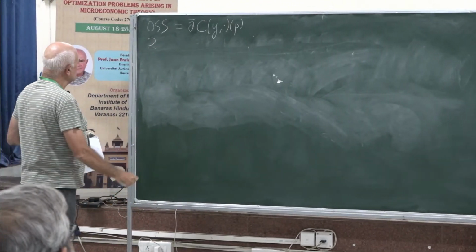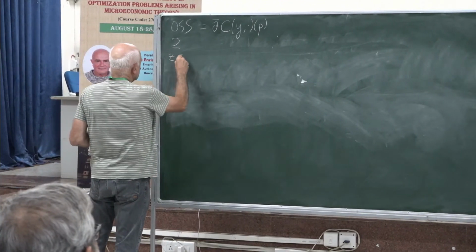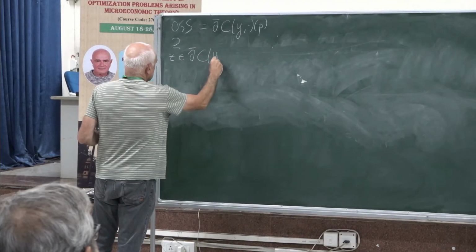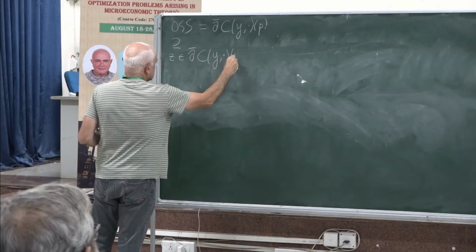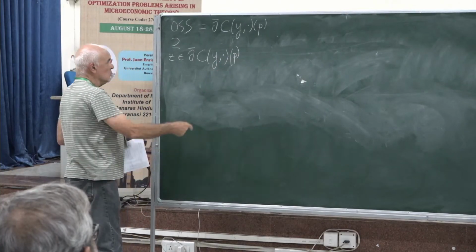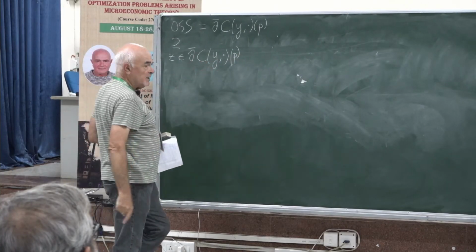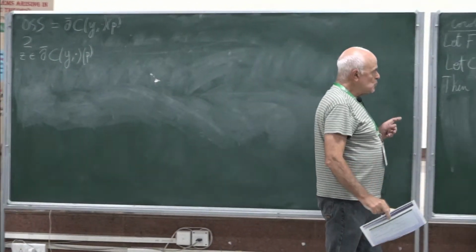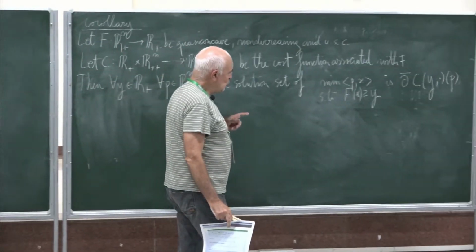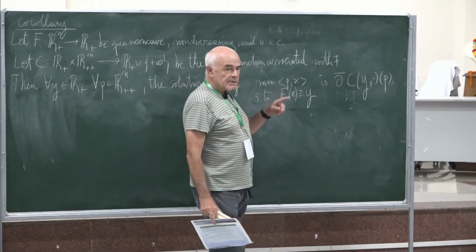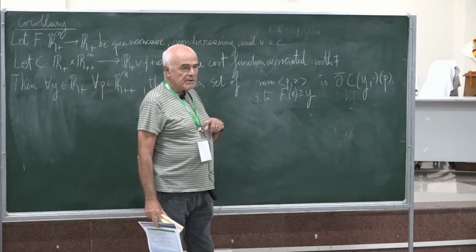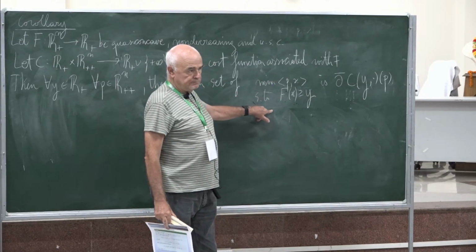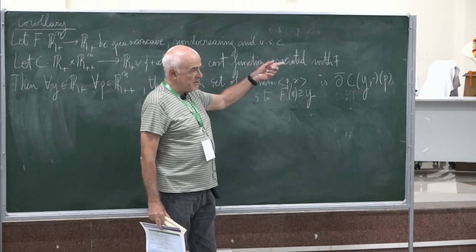So now I take any supergradient of the cost function corresponding to a particular y and a particular p, and I want to show that this supergradient is an optimal solution to this problem with that particular p and that particular y.